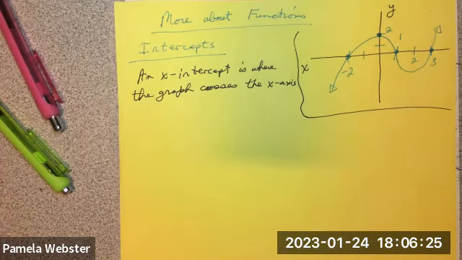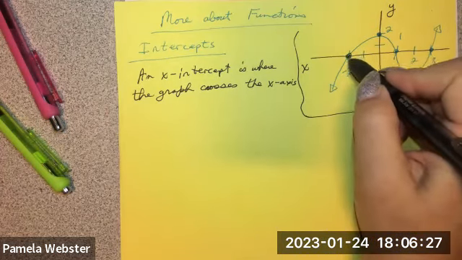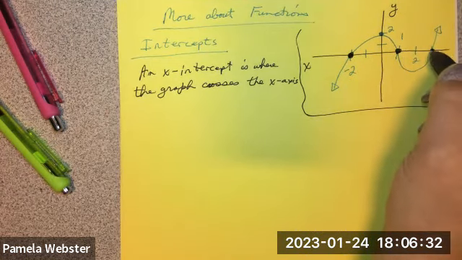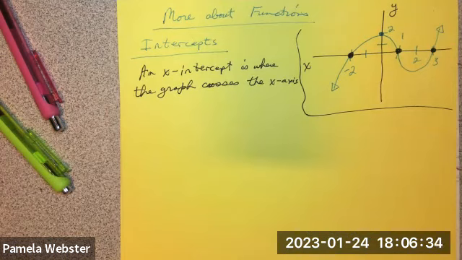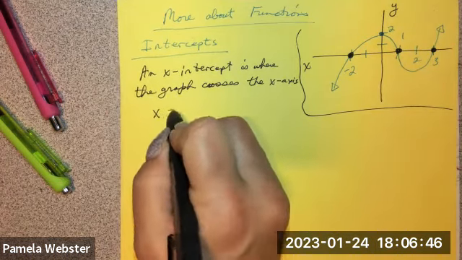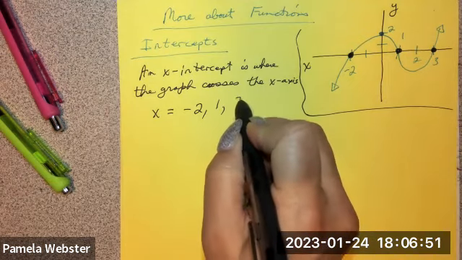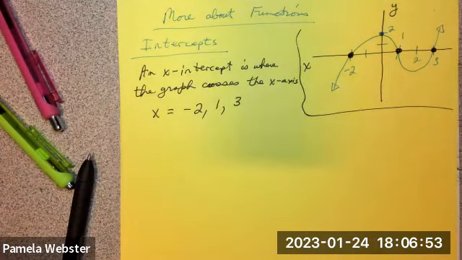So on the x-axis, I have 3 x-intercepts, one here at -2, one here at 1, and one here at 3. What you'll notice is that sometimes in your homework, it'll ask you for the x value, and sometimes it will ask you for the point. If I'm asked for the x values here, I've got a -2, I've got a 1, and I've got a 3. So those are my x values where I have x-intercepts.